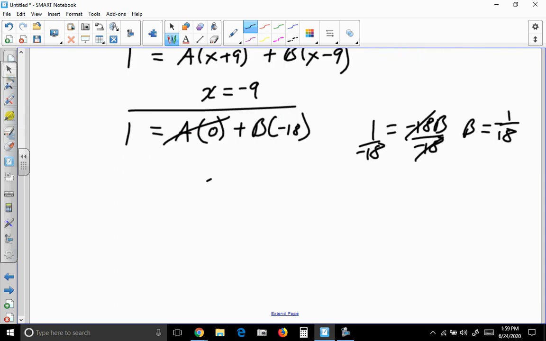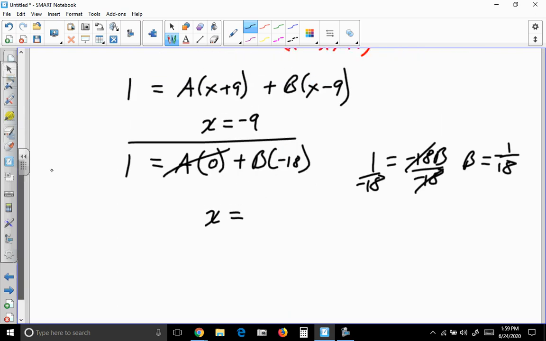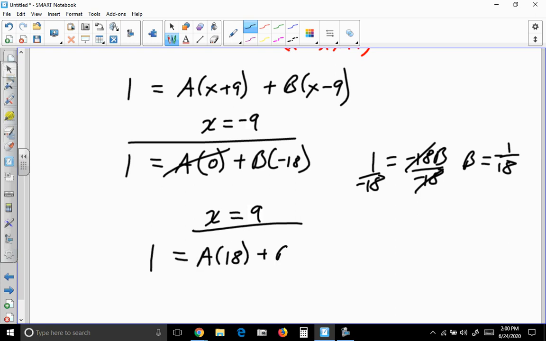Now, let's pick another number for x that would make that term go away instead. If we pick x equals 9 and put a 9 in for x in the same equation, we would have a times 9 plus 9, b times 9 minus 9, so that cancels.